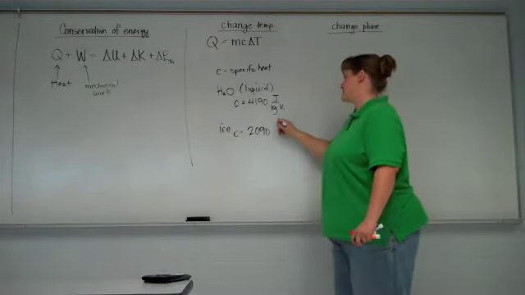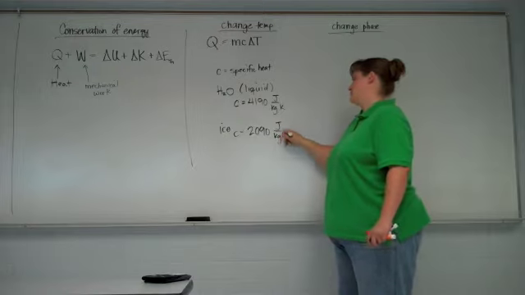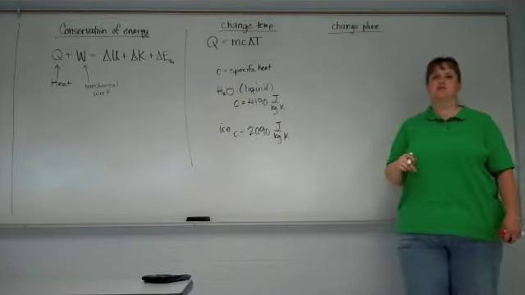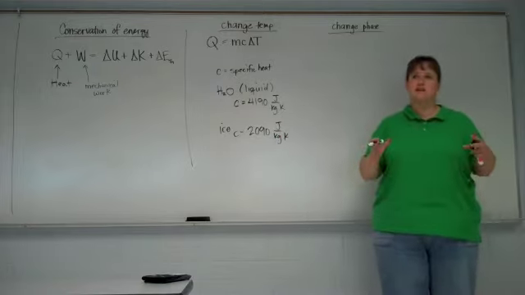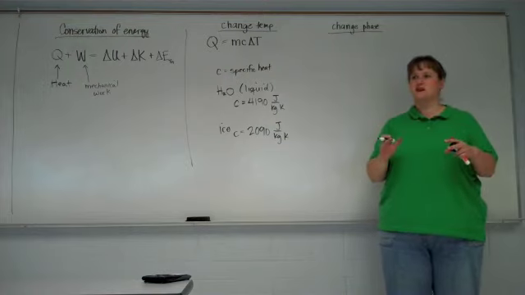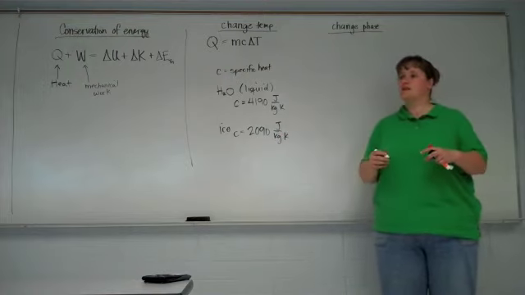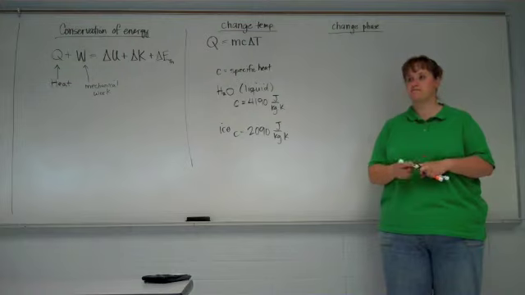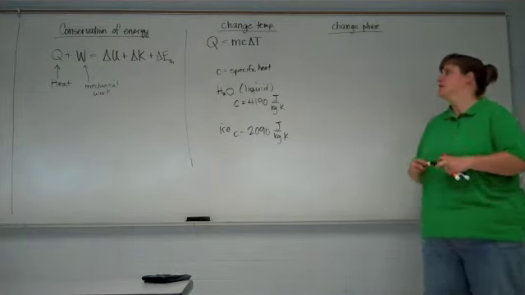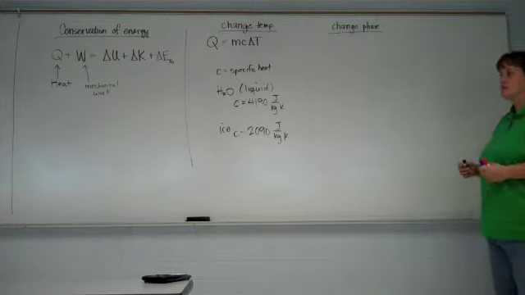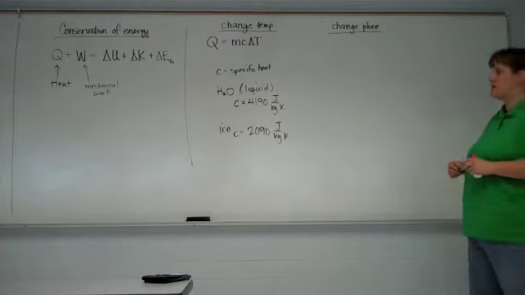So for ice, it's only 2090 joules that are necessary. If you have 1 kilogram of ice and you want to change its temperature by 1 Kelvin, you only need 2090 joules of energy.